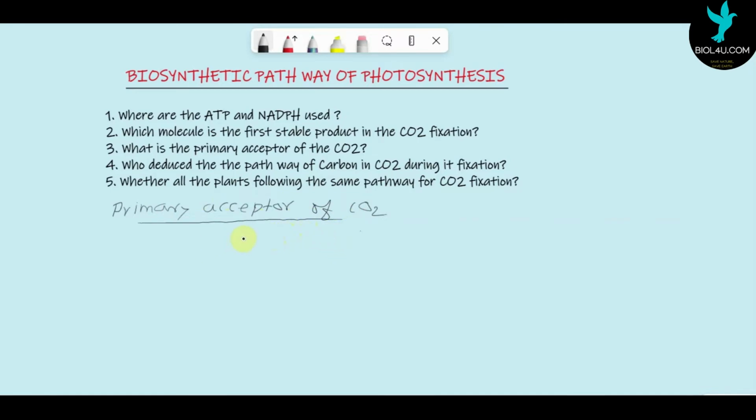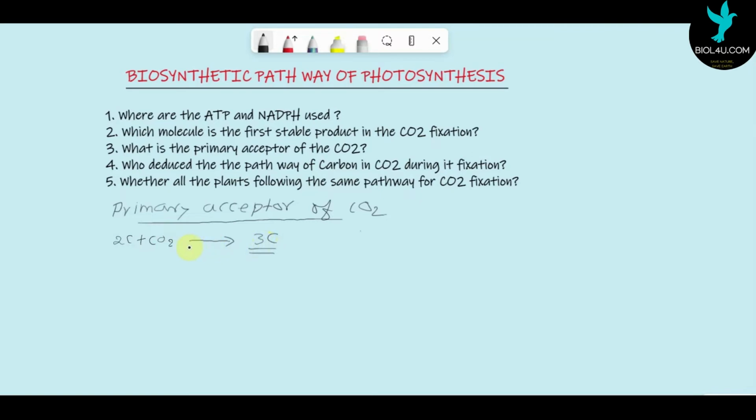You know the first stable product is a 3-carbon compound. So most scientists believed that the first chemical that fixes carbon dioxide must be a 2-carbon compound. A 2-carbon compound plus 1 carbon from carbon dioxide would produce the 3-carbon compound. It is very simple.